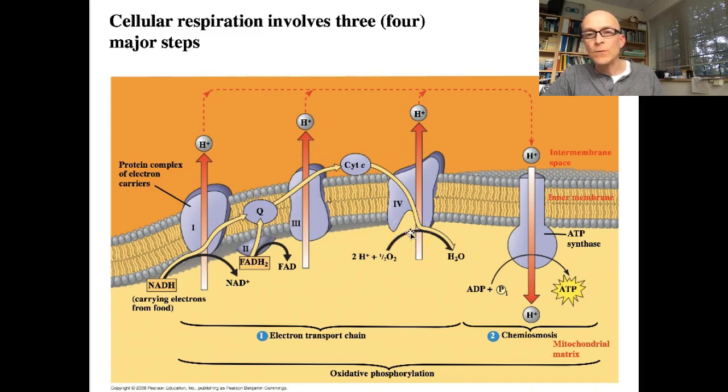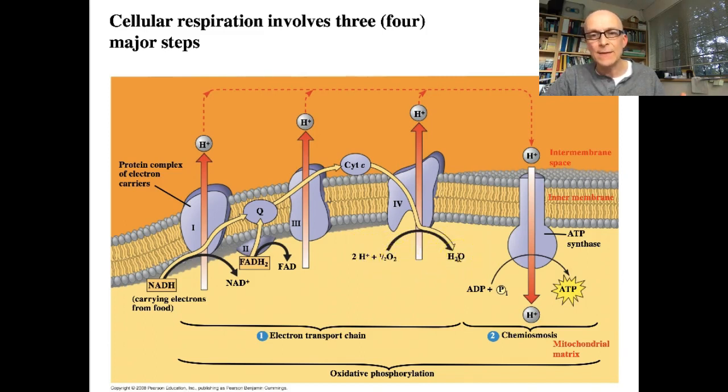And at the very end, with the last breath, if you will, of course there's no breath here, but with the last bit of energy that these electrons have, they are now reducing oxygen with the help of 2 protons to a water molecule. So oxygen is reduced to water.